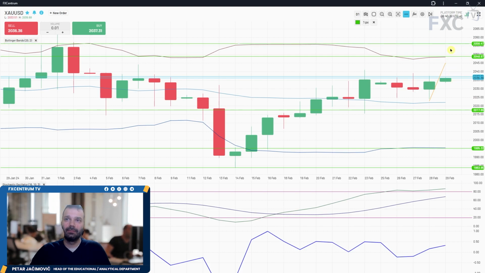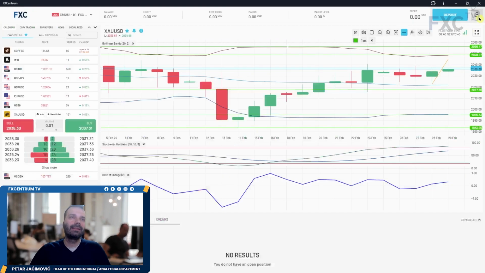Those will be the upside objectives on the gold market. The slow line is sloping to the upside, so there's clearly an upside environment in the last 2 weeks, and the fast line just corrected a bit here, around the 80 mark. So strong buying pressure in the last weeks can lead to a further rally in the market.